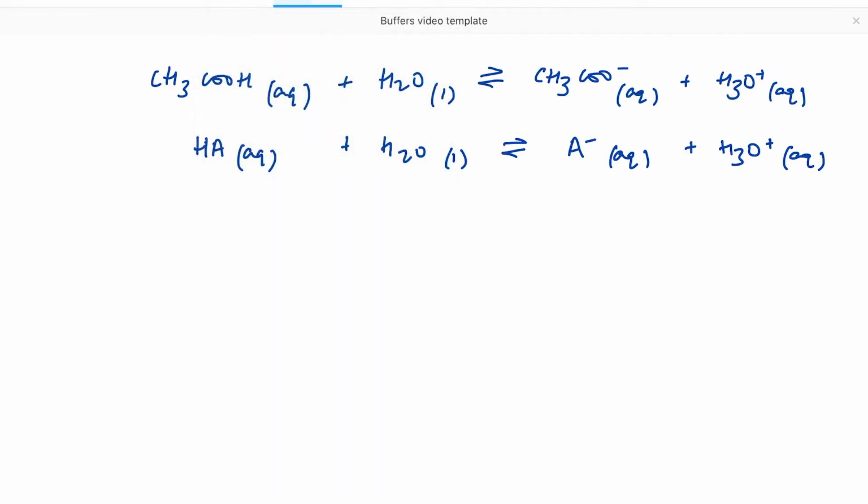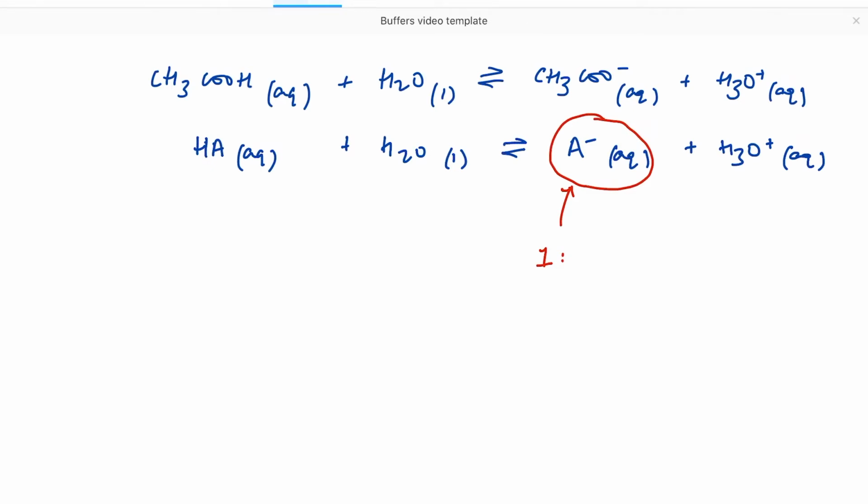In order to explain how buffers work, we're going to make a couple of assumptions. The first assumption is that all of the anion, all of the CH3COO-, all of the salt comes from the salt itself.